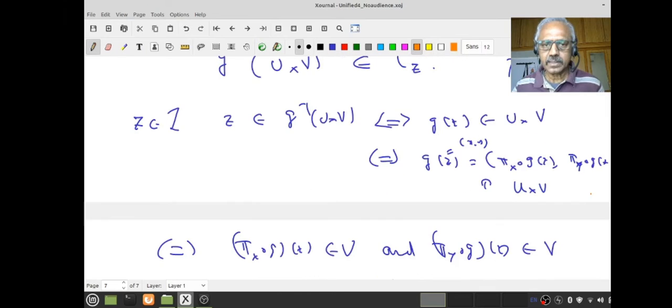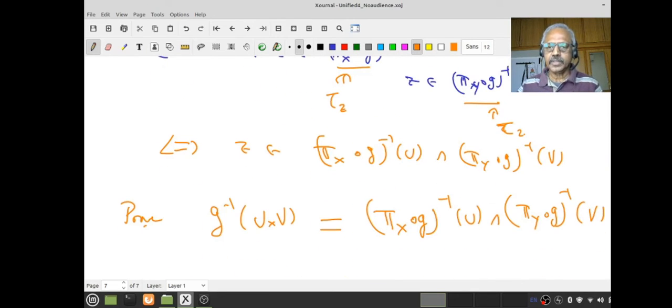Go back, because that's why I keep saying students have a difficulty with inverse images, right? When I said z belongs to g inverse of u cross v, what does it mean? I am looking at all those elements in g inverse of u cross v. I am saying z belongs to g inverse of u cross v if and only if z belongs to pi x composite g inverse of u and pi y composite g inverse of v.